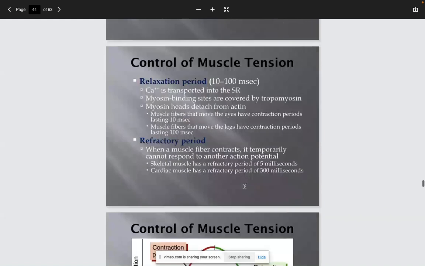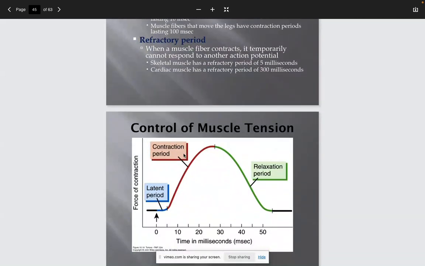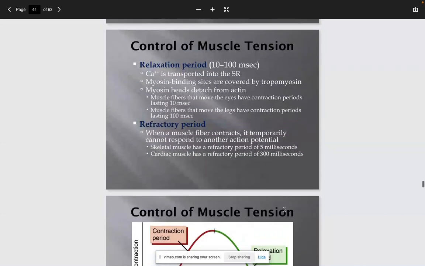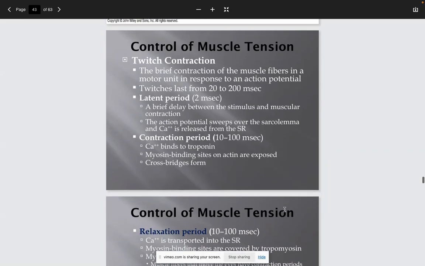So I would like for you guys to know that the contraction period occurs, then you have the relaxation period, and the latent period is the period in which no muscular contraction can occur. So again, just to go over this, the contraction period is whenever calcium binds to troponin, right? Myosin binds to actin, the cross bridge forms.